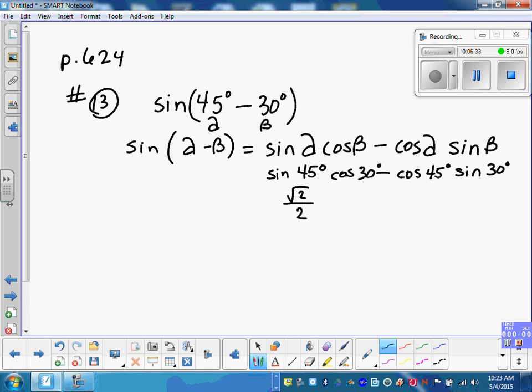And the cosine of 30, remember that's the first one, is going to be the square root of 3 over 2. So we need to multiply those two together. The cosine of 45 is the square root of 2 over 2. And the sine of 30 is 1/2.